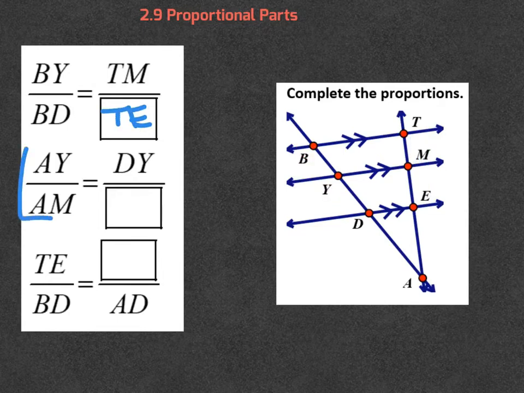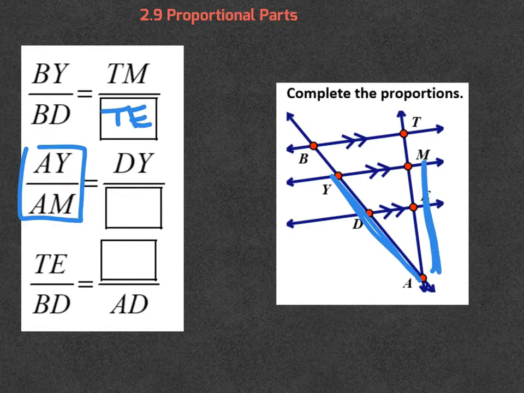Next, let's do this ratio here. AY, all right, way up here. AY is compared to AM. Ooh, this is interesting. So if we were to follow a similar pattern, DY, so the one on this side, would definitely be compared to this guy over here.